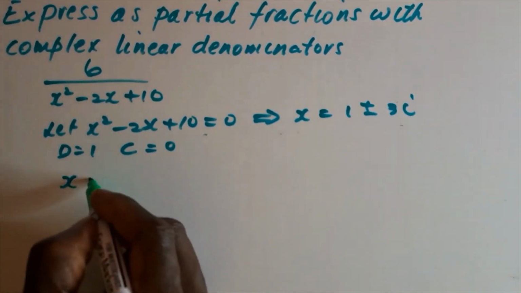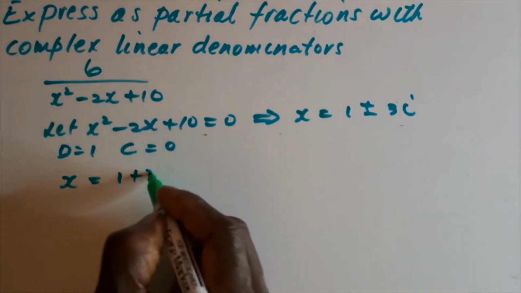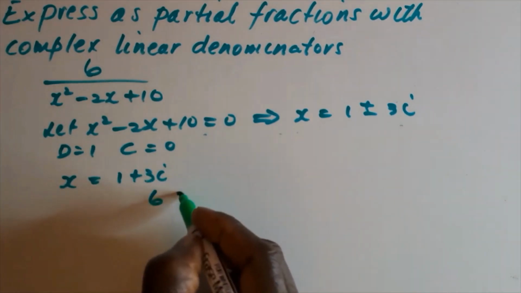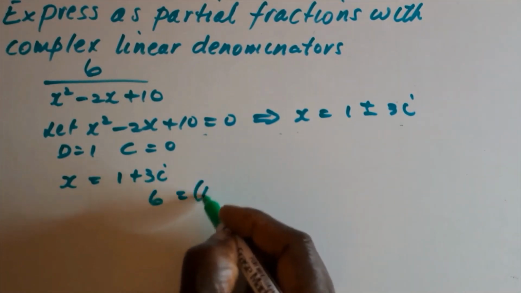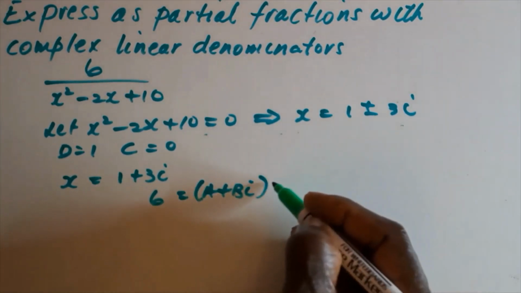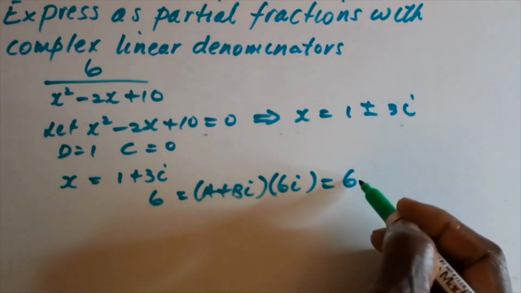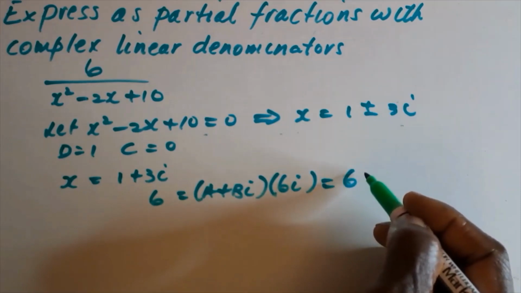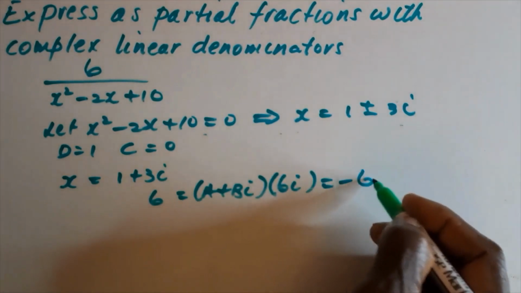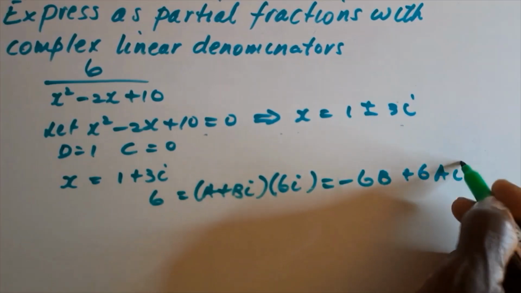When x is equal to 1 + 3i, we have that 6 is equal to (a + bi) times 6i, which gives us 6 minus 6b + 6ai.